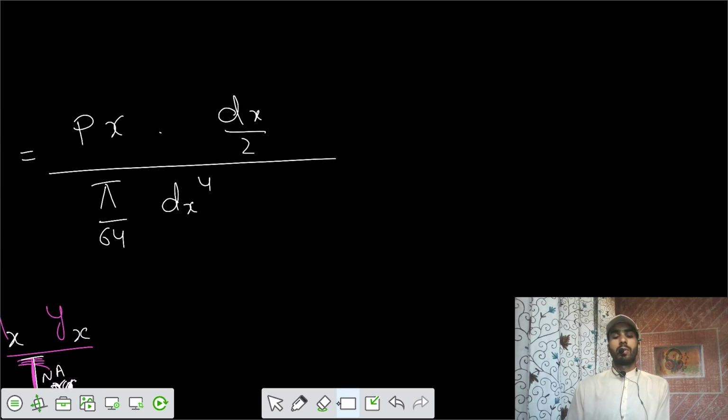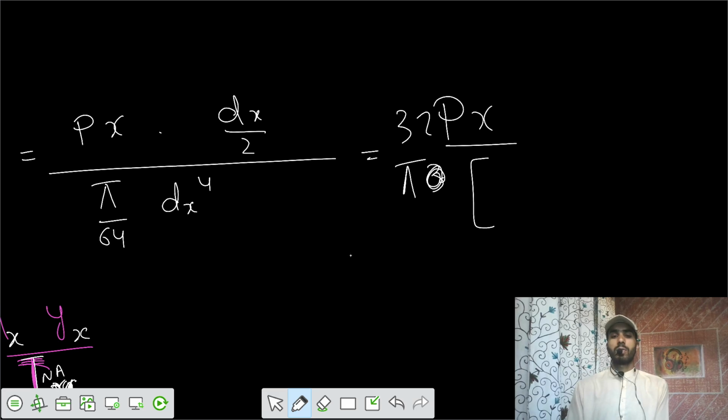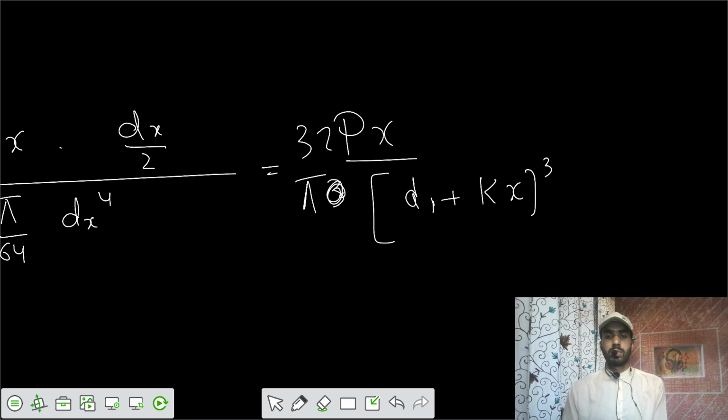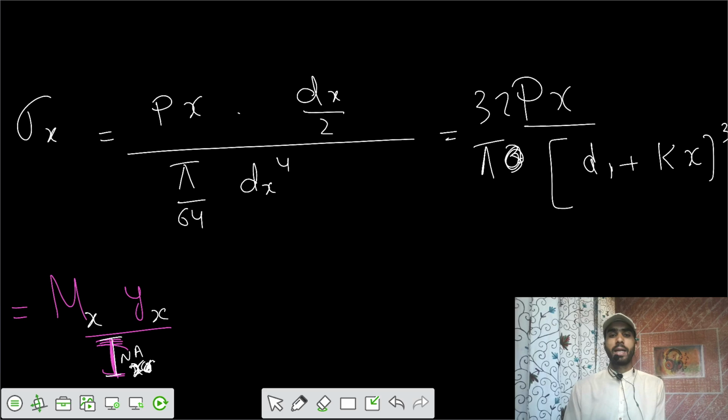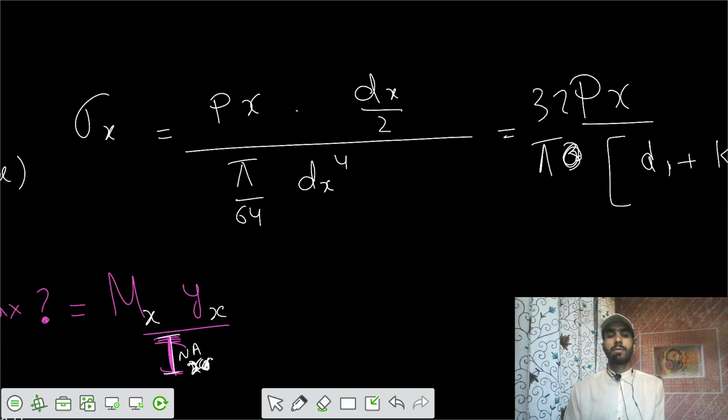Now you substitute the values. So we can say 32 P x by pi, and we are left with dx cube. The value of dx was d1 plus k times x, whole cube. Now this is the value of bending stress at any x from the free end.